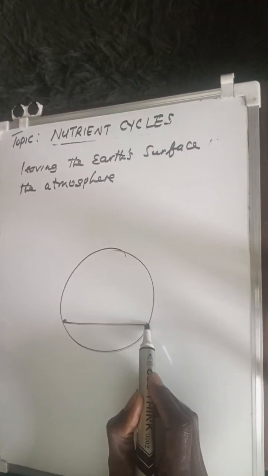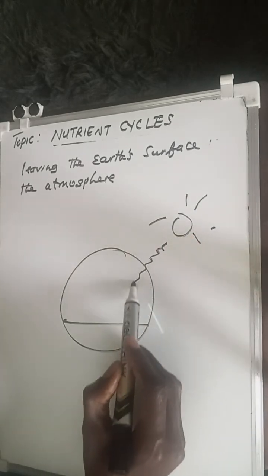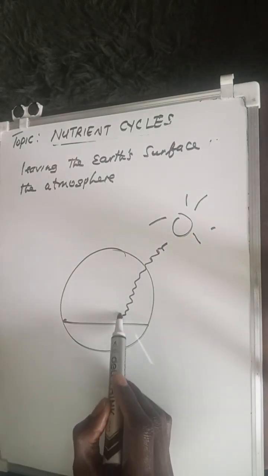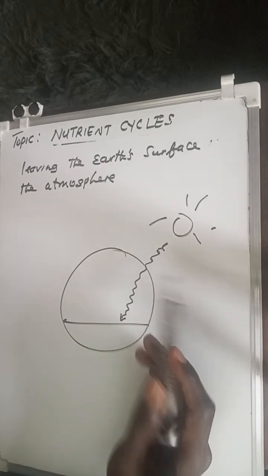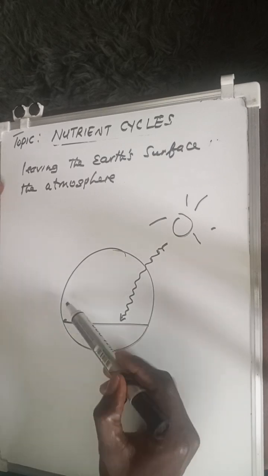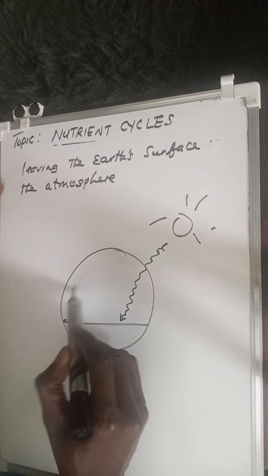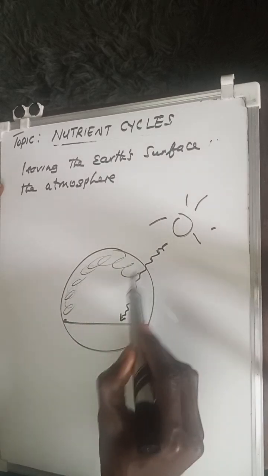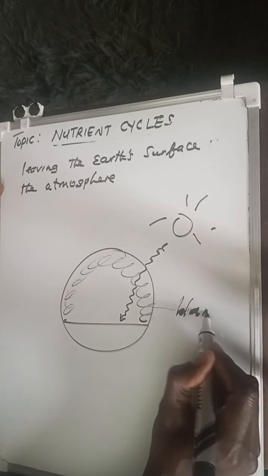So now let me illustrate it this way. If you have the Earth here, and this is the ground, and of course we do have the sun, what is going to happen? Heat will come into the Earth, and that heat needs to escape. We need to absorb a certain amount, and a certain amount goes. But if there are no trees, it simply means there will be a layer created in the atmosphere, and that is what we are calling a blanket.